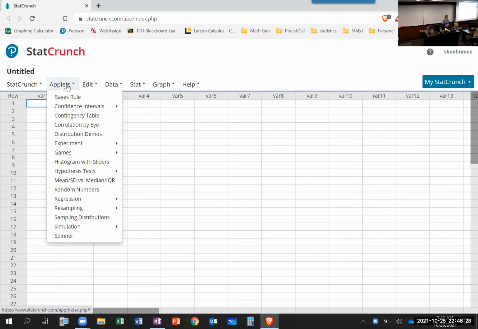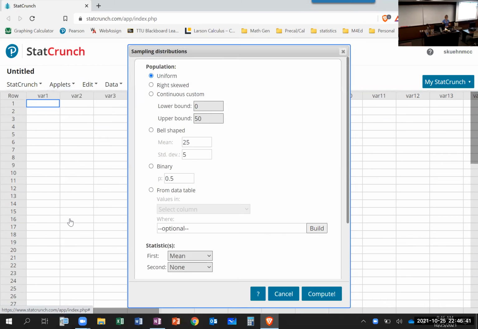Let's go to the applets, and then scroll down to sampling distributions. Everybody on this screen right here, does everybody have that pulled up? Okay, we're just going to work on it together.